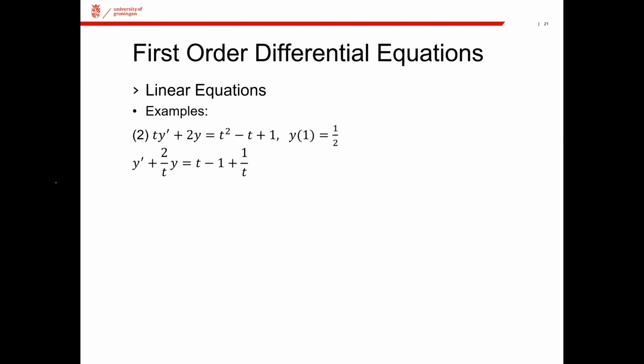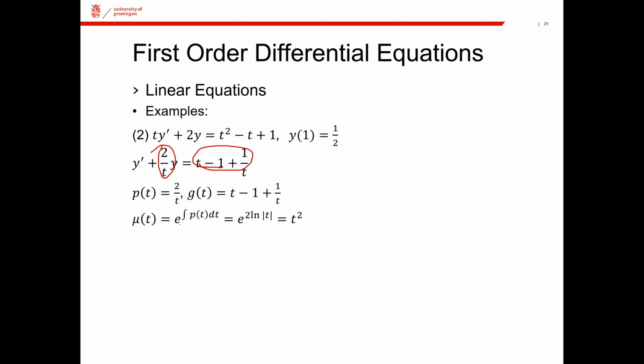So basically, we divide by t on both sides. And then we have p t equals 2 divided by t. So this part. And g t is the right side. So this part. And then we have to apply the formulas.